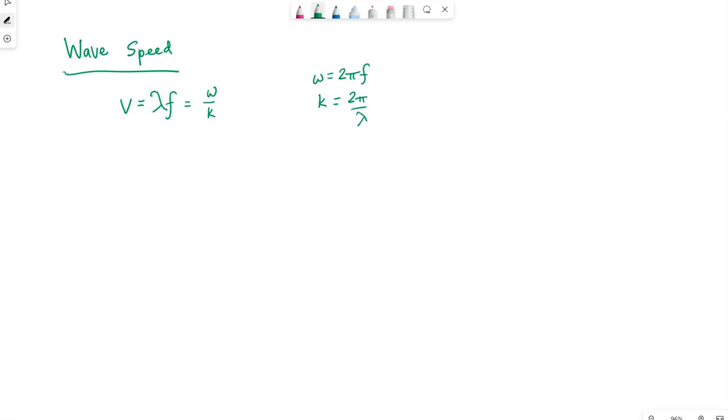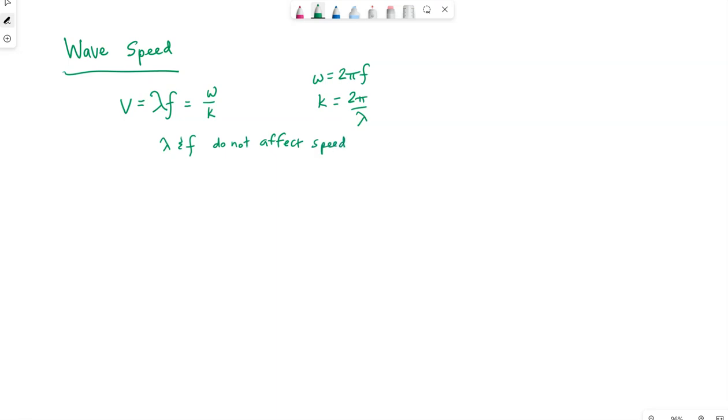This equation, again, is a bit deceptive in that wavelength and frequency, and thus angular frequency and the wave number, do not affect the speed of the wave.